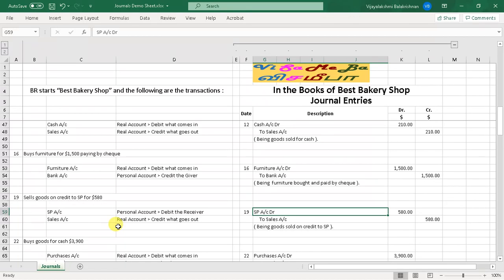So SP is a person, so a personal account, debit the receiver, and sales is a real account, so credit what goes out. SP account debit to sales account, being goods sold on credit to SP, $580.